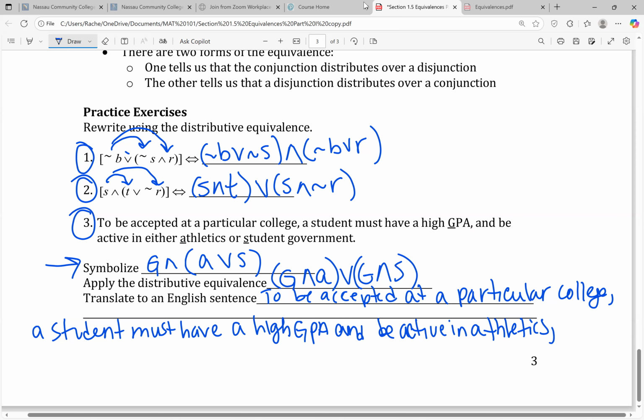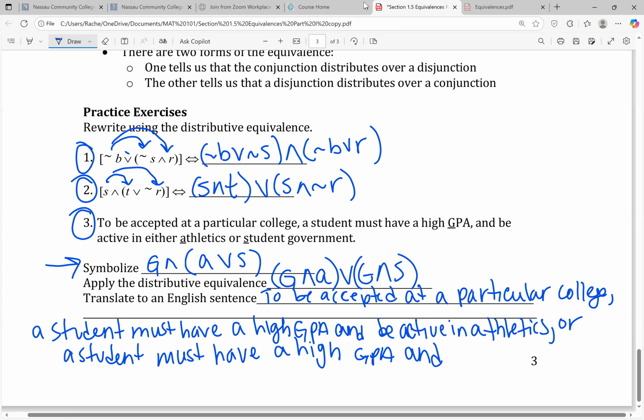Now we have the main connective, or. A student must have a high GPA and be active in student government.